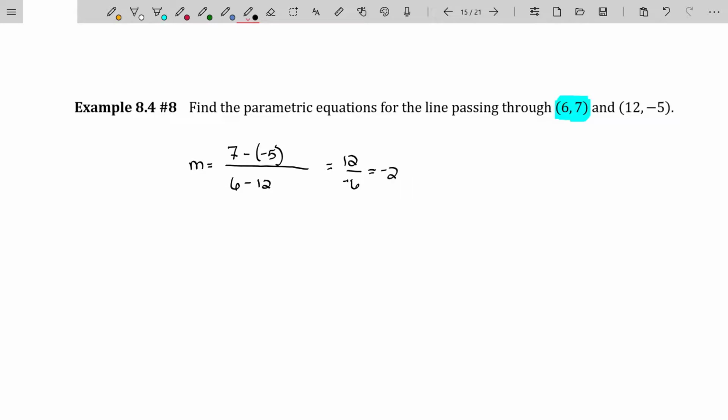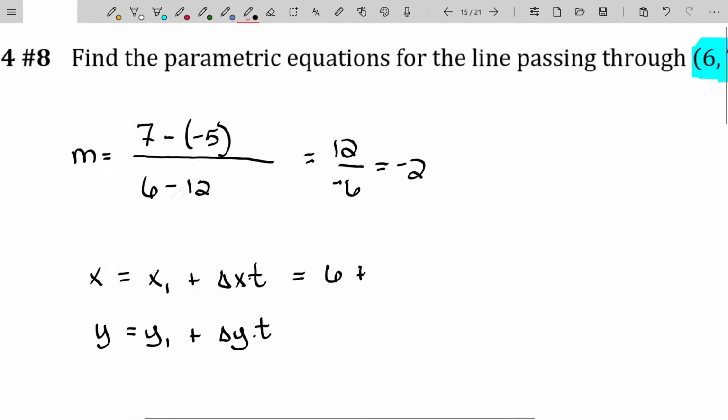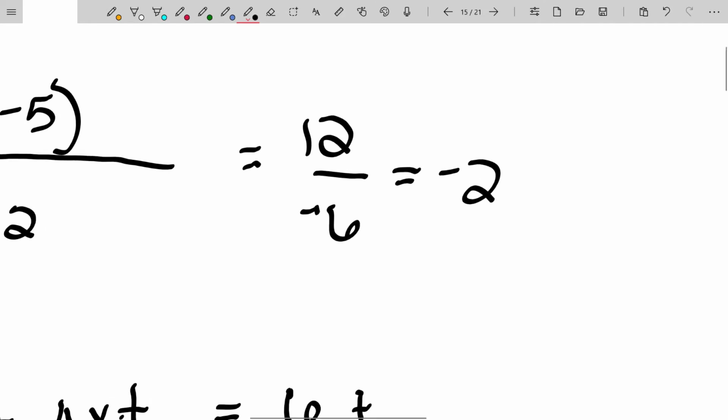Remember, the highlighted blue point there is my x sub 1, y sub 1. And according to the theorem, x will equal x sub 1 plus delta x times t, and y will equal y sub 1 plus delta y times t. So let's see, x sub 1 is 6 plus, and there are a couple ways you could write this. Remember, this is supposed to be delta y over delta x. So technically you could say that delta x is -6 and delta y is 12.